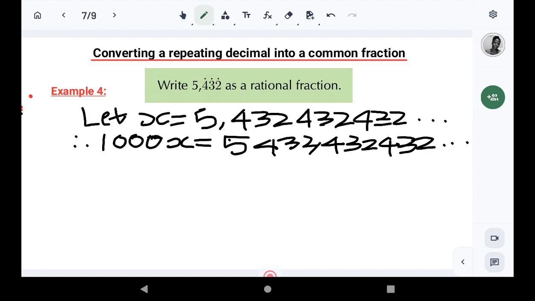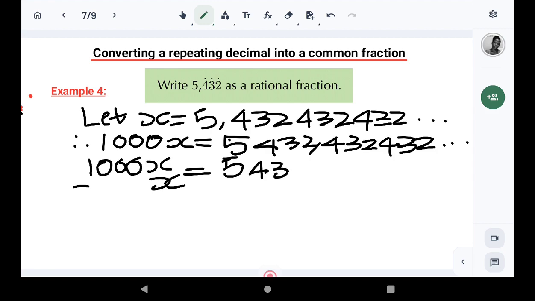Now we subtract 1,000x minus x. That is equal to 5,432,432,432, and so on. X is equal to 5, notice where I put the 5.